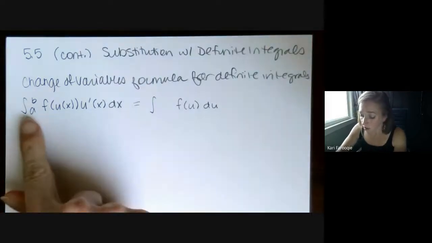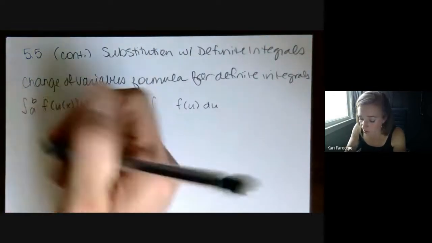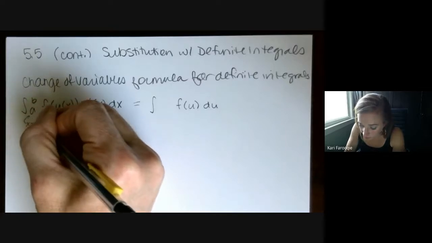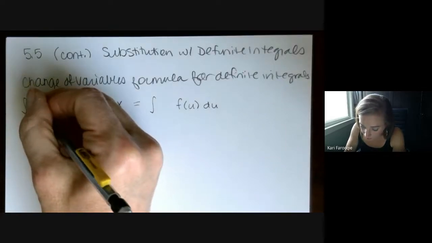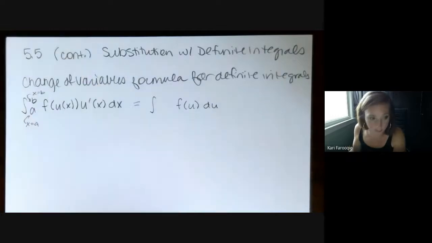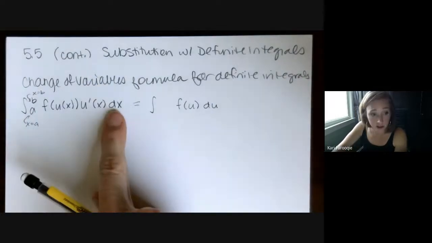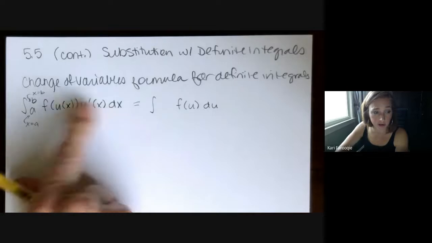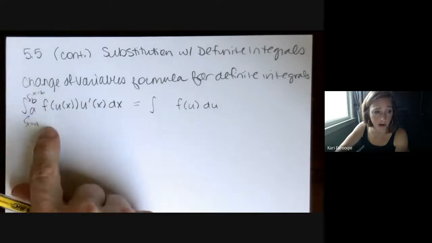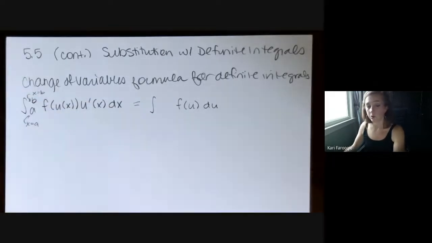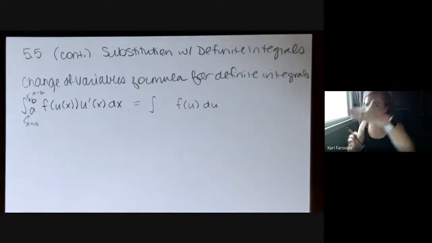You can no longer use your x limits, because remember that this means x equals a and this means x equals b. When you're looking at a dx integral and you're taking your limits from a to b, you're talking about where x is going. If you think about what that means in terms of area, that should make sense to us.